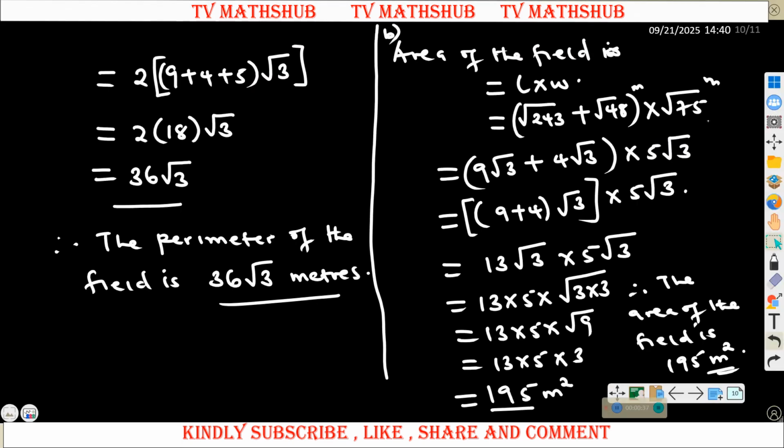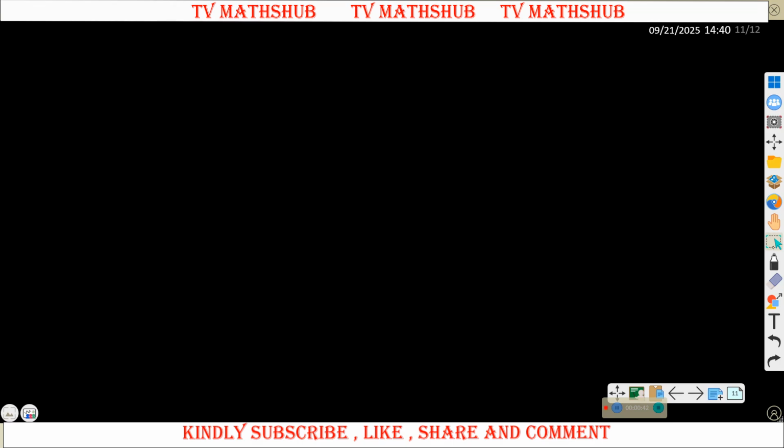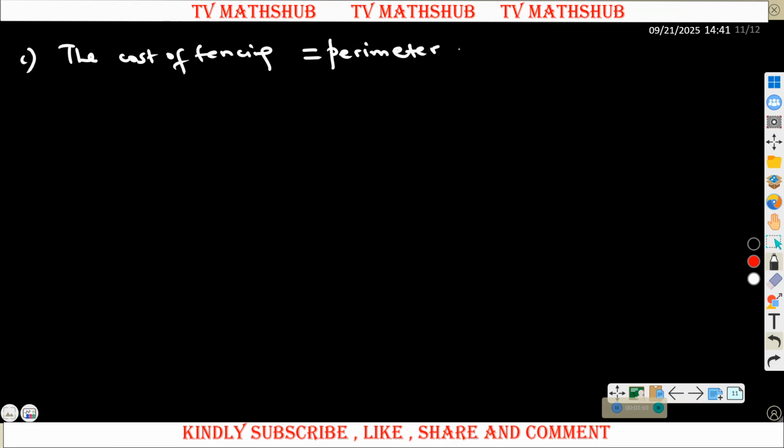So to calculate the cost, the cost of fencing, that is part C, will actually be the total length of the wire that will be required, and then you multiply by the cost per meter.